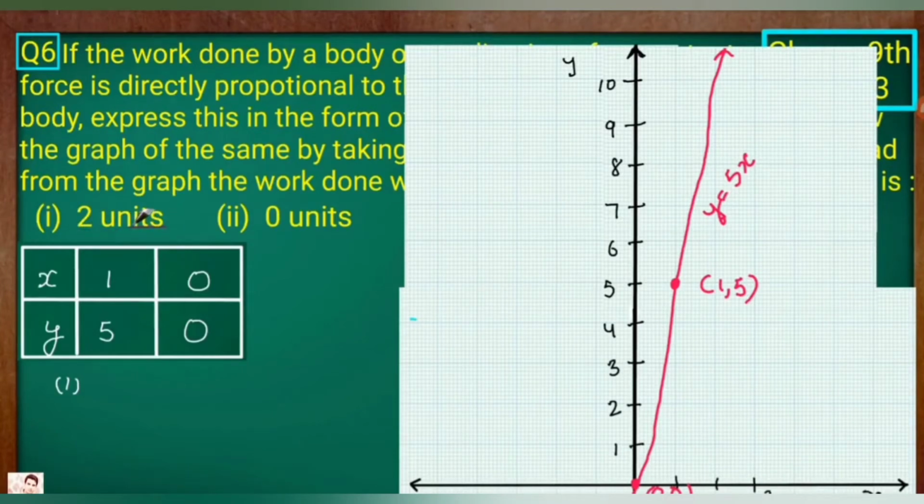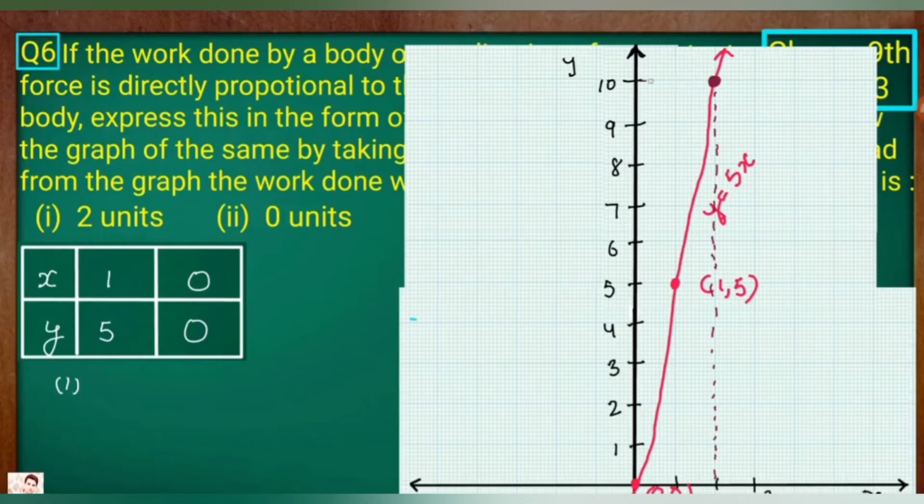Let's find the work done when the distance covered is 2 units. Distance covered is the variable x. So x equal to 2 means what is the value of work done? Work done means the y variable, right? We mentioned work done as y. So what is the value of y? Draw a perpendicular line from the point 2 on the x-axis, and this perpendicular line intersects the straight line.